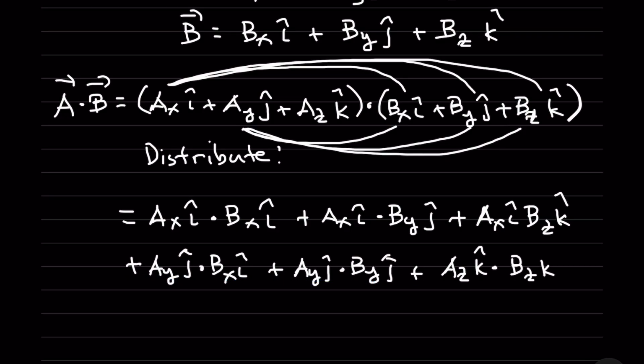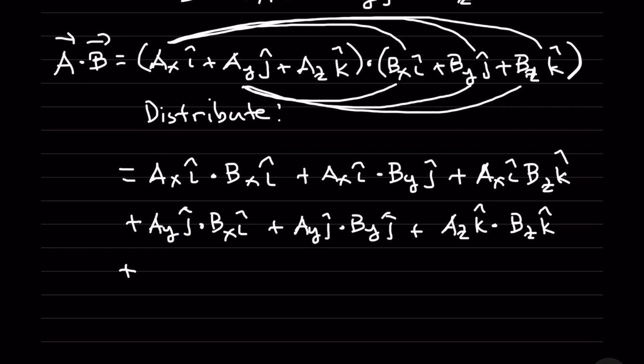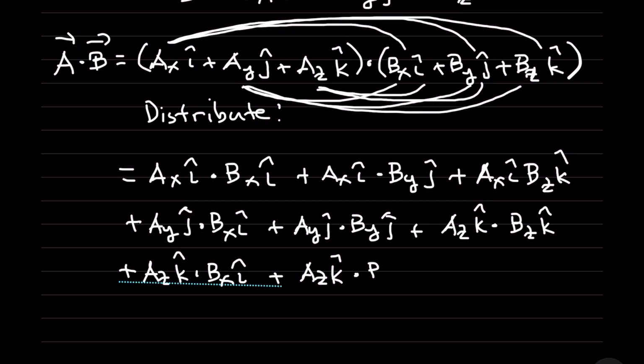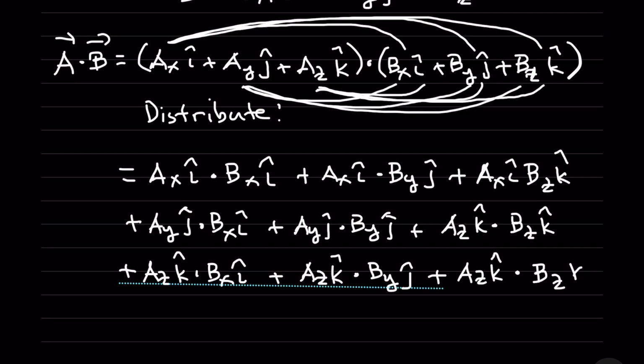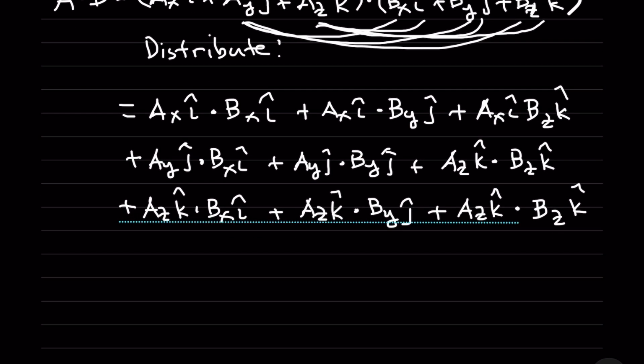In this equation, on the last term that I have just written, I've made a mistake. It should be a_y j hat, not a_z k hat. I will correct that later on. Then after that, we can simplify this further.